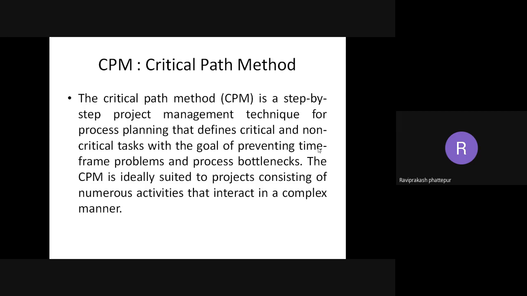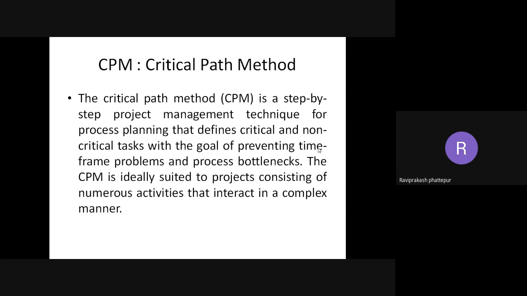With the goal of preventing time frame problems, I just explained to you about the duration, in the sense that a particular project should be completed within a certain period of time which is already mentioned, or sometimes it is said that you need to mention the duration, how much you need to finish that particular project. To apply for a tender, there are only two things. One is the amount. Basically the tenders are called for that.